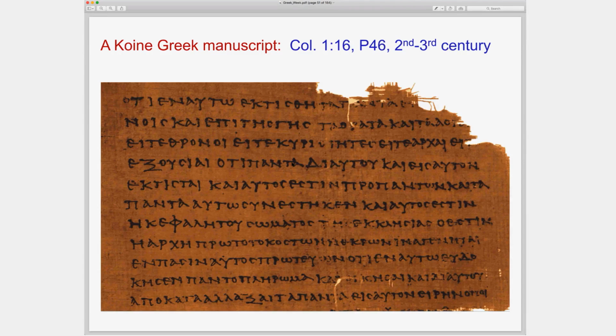All capitals, no punctuation, no spaces in a lot of manuscripts. There are other manuscripts that do have them. Also, no diacritical markings. Those are the accent marks. They're not in there. Okay.